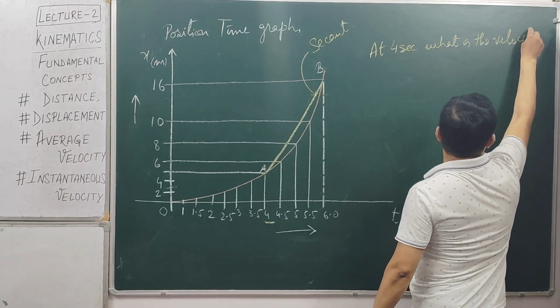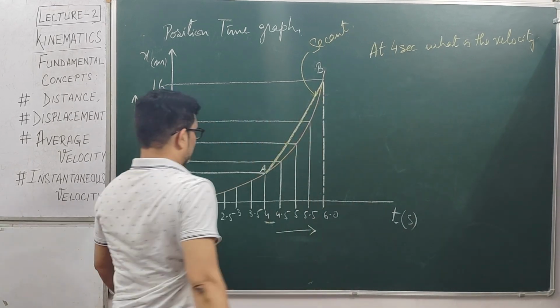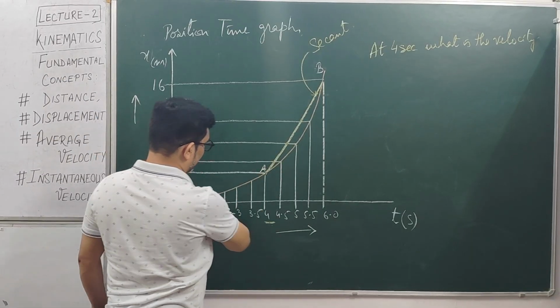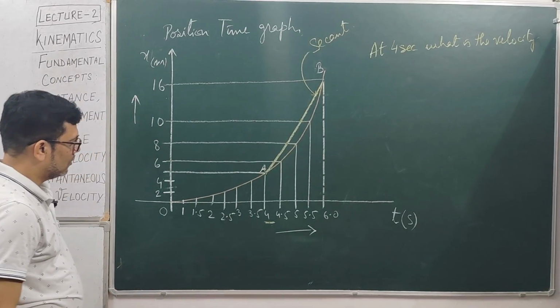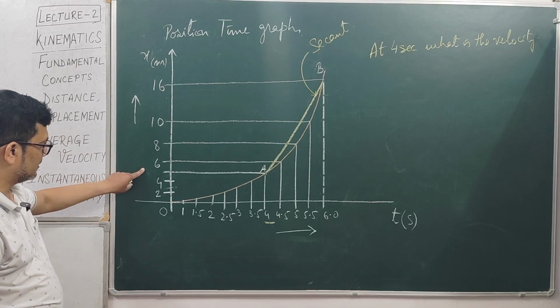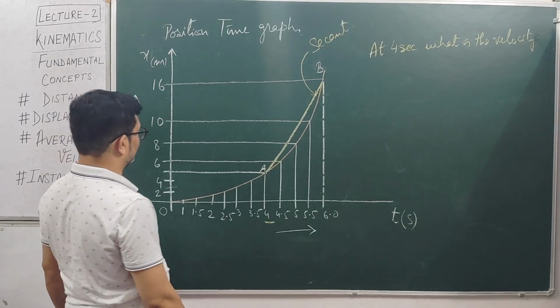So that is what we want to find. What is the velocity at this point? Okay. At this point, what's the velocity? And how are we going to find it? Let's see the quite interesting part of it.